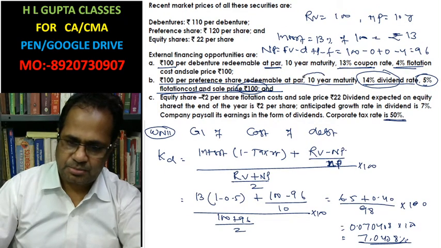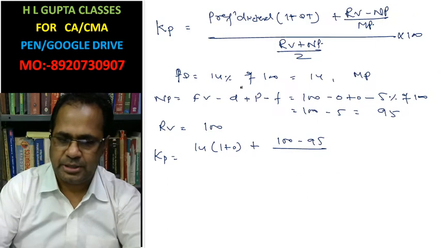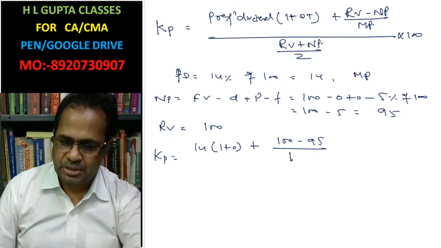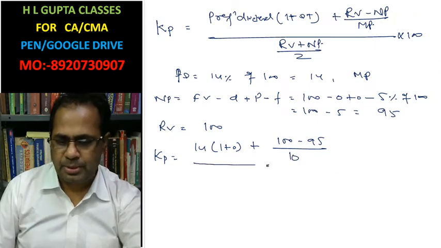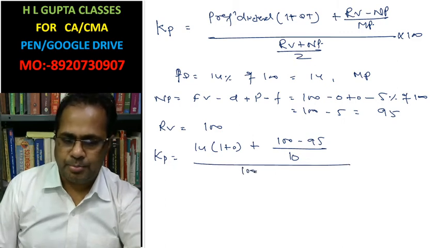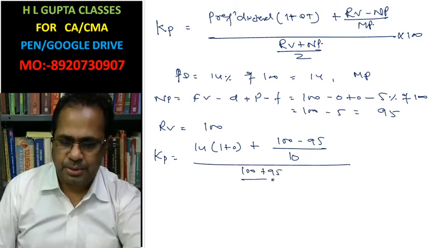Maturity period is 10 years, is written here. This is 10 whole divided by 100 plus 95 divided by 2.